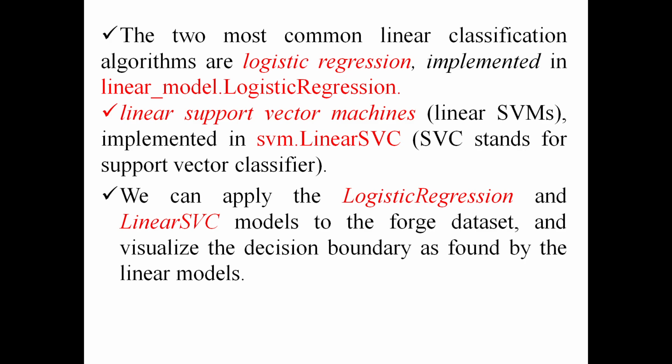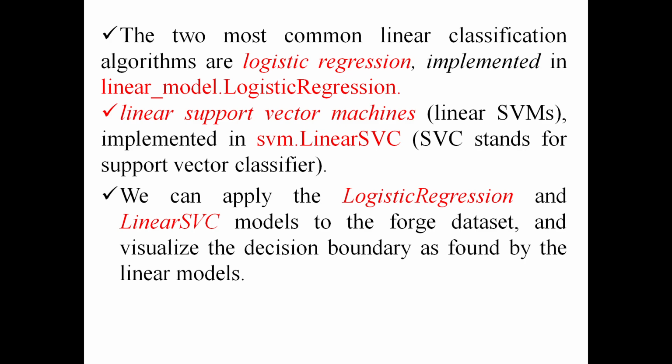So logistic regression and support vector machine, that is, the linear support vector classifier. You can see SVC stands for support vector classifier, in terms of linear. These two linear models are used on the datasets to function and get the result in the programming.